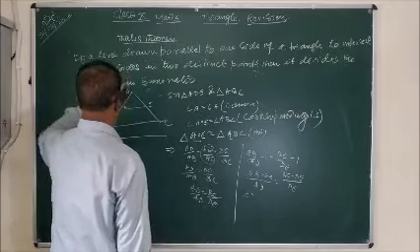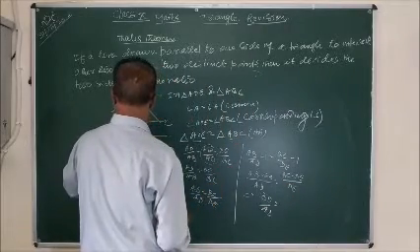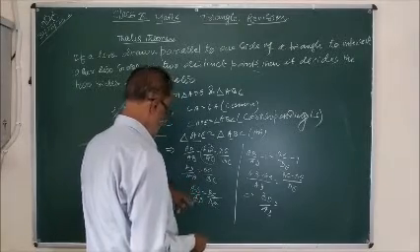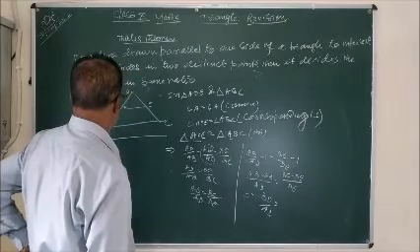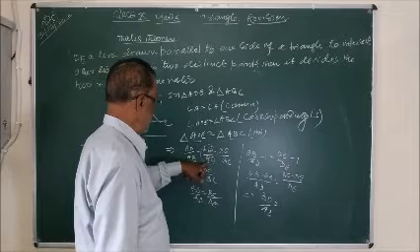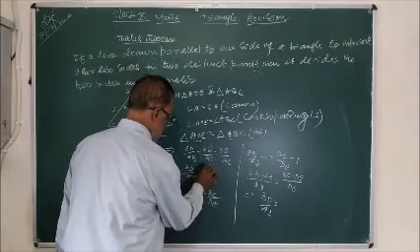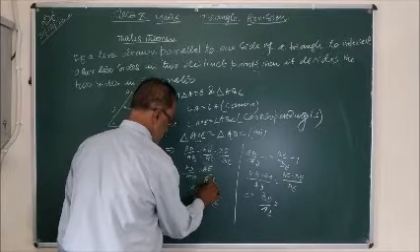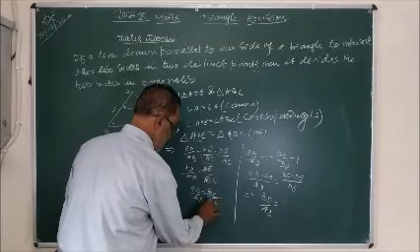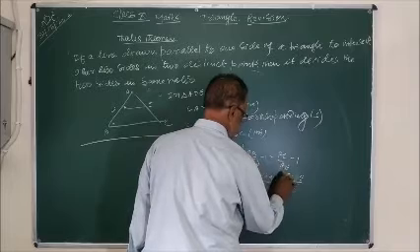Now you see AB minus AD. AB minus AD becomes BD. This becomes BD by AD, and on the other side AC minus AE.